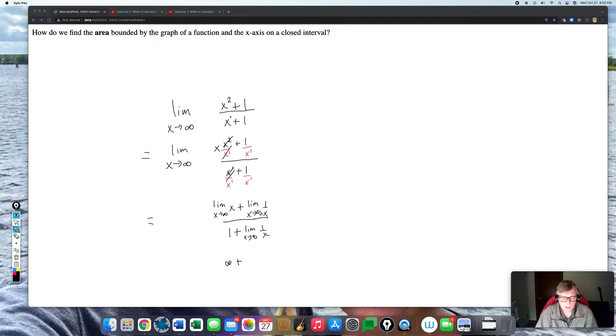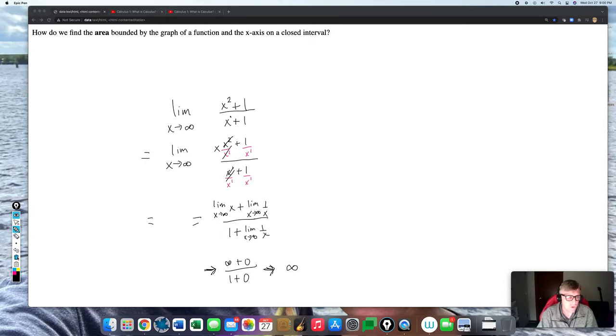Up here, the limit is 0, and down here we have 1 plus 0. Infinity is not a number, so we say that the limit approaches infinity. We don't say it equals infinity, although some textbooks do use equals to mean approaches. But this is the way we used to do it.